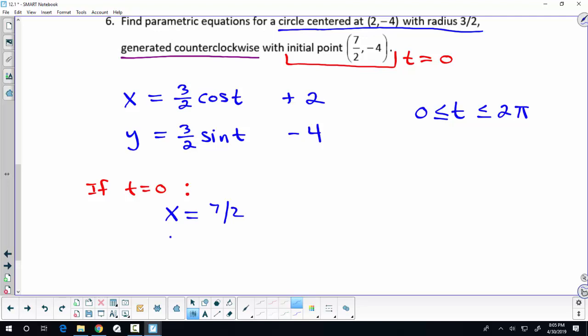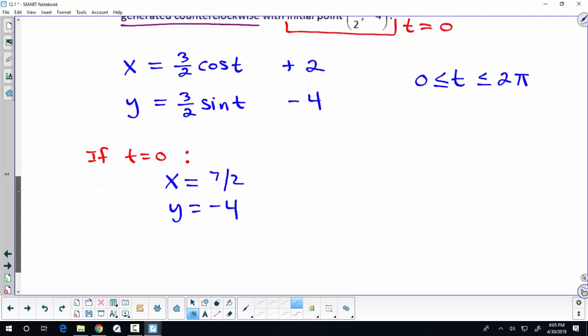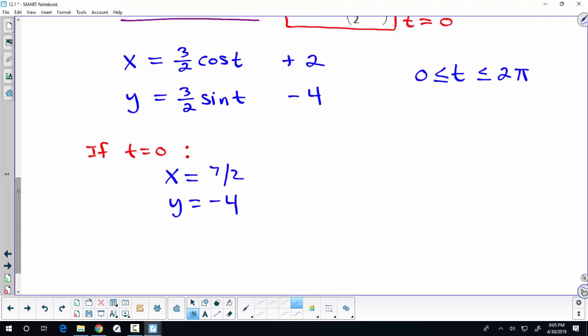If t equals 0, y equals -4. Okay, so that's it. We stumbled upon that, but we just kept it very basic. That's kind of how I'd recommend approaching these. Not like you see a lot of these because they can be very ambiguous. But that's our equation.